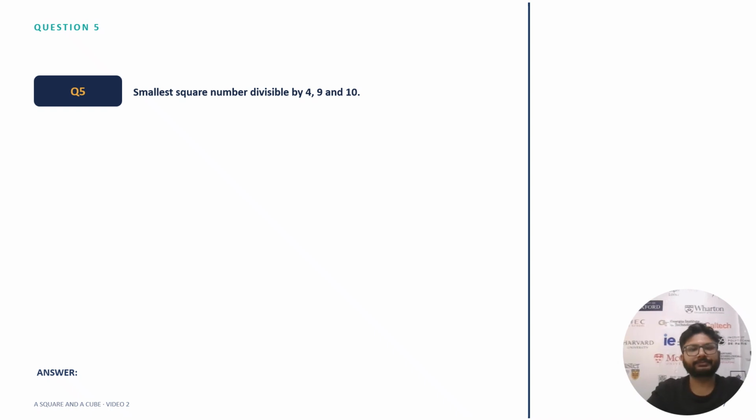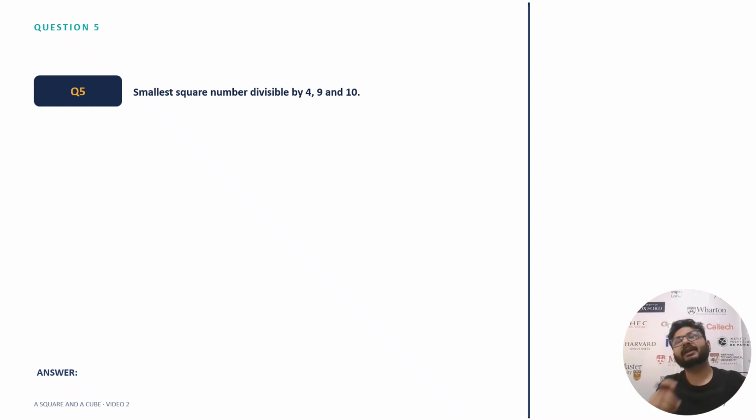Okay. Now moving on to the next question, which is smallest square number which is divisible by 4, 9 and 10. So there are two parts of this question. The first one is I need to find out the smallest square number, which is a square, and it should be divisible by 4, 9 and 10.